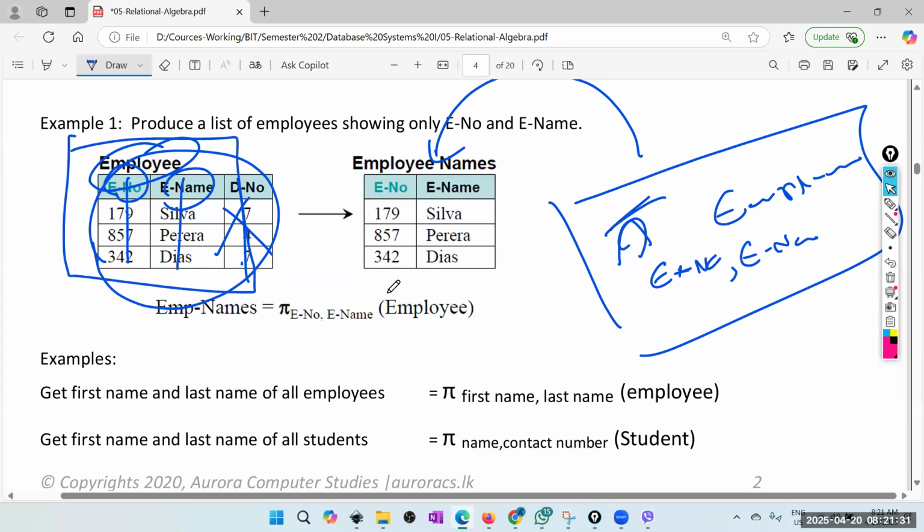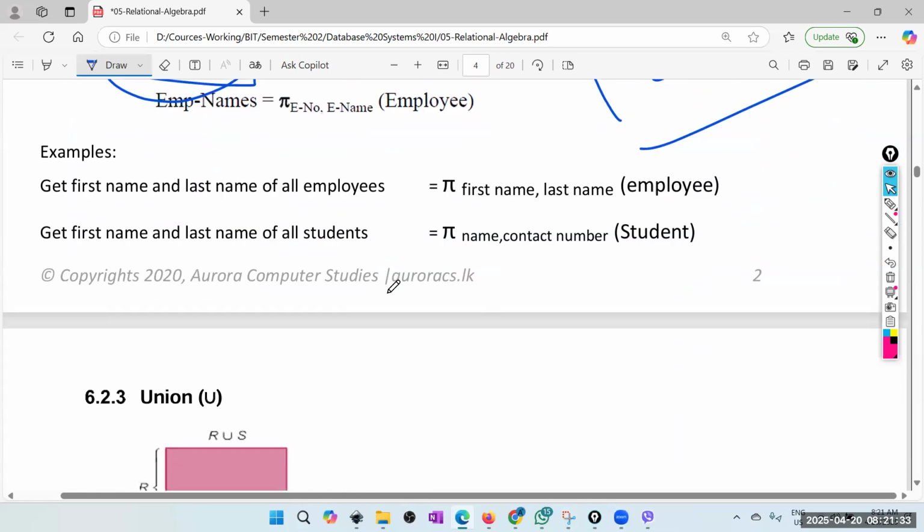Usually the order doesn't matter. We don't care whether it's name, comma, contact or contact, comma, name in general, but there are situations where the order also matters. It depends on later, how you write your SQL queries.